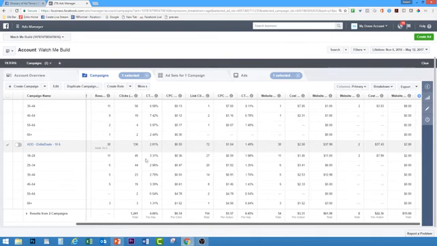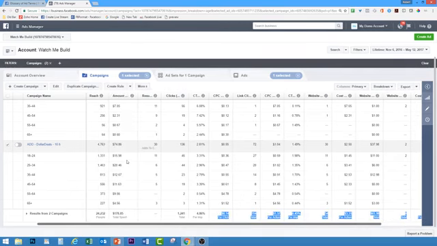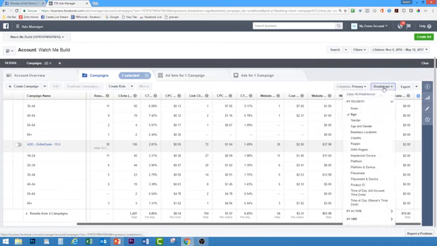So the two conversions were at the top, 18 to 24, which spent $15, but then the others, let's see, $40, $50, $55, 60 bucks, right? Spent, that didn't get any conversions, versus $15, $16 got two conversions, right? I wouldn't have known that had I not gone to breakdown and looked at age. Okay?